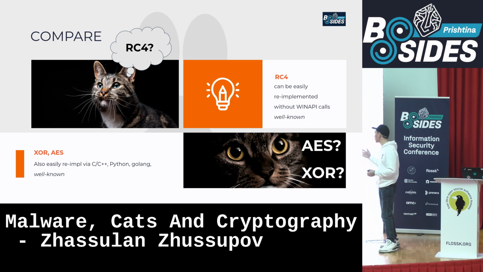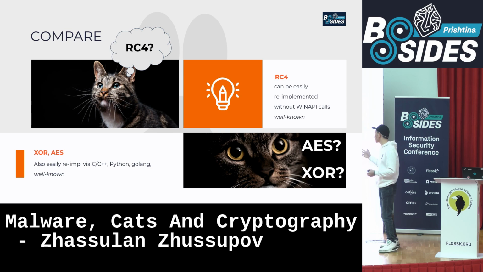This algorithm is also easily re-implemented in C, C++, Python and Golang, with many open source libraries on GitHub. You can use it for encrypting anything, any data, even a payload, even some malicious actions or your file.